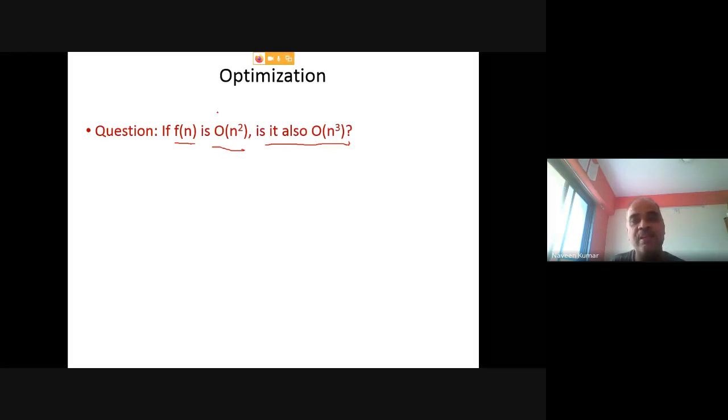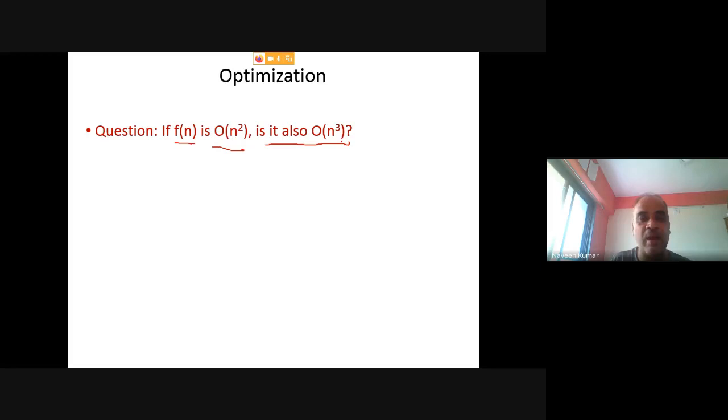What this says is that c into n square is greater than f(n), so it bounds f(n) from the upper side. And n cube also bounds the function f(n) from the upper side. So if f(n) is less than or equal to c into n square, it must be less than or equal to c into n cube. So I think this order of growth term is correct.